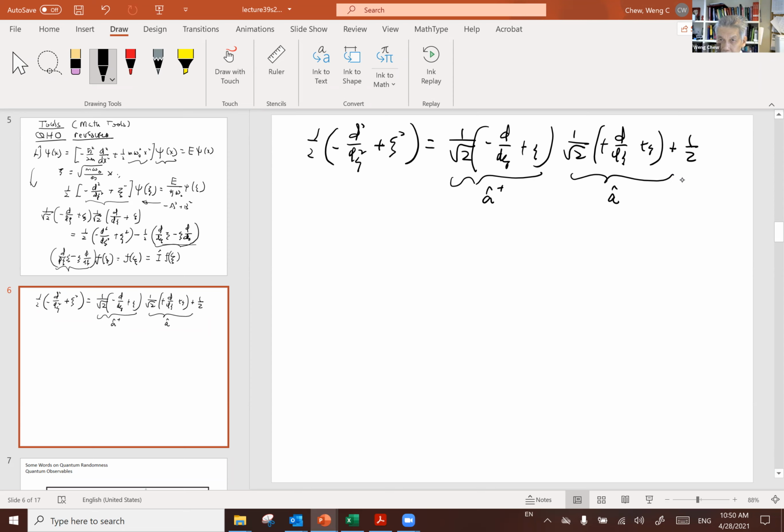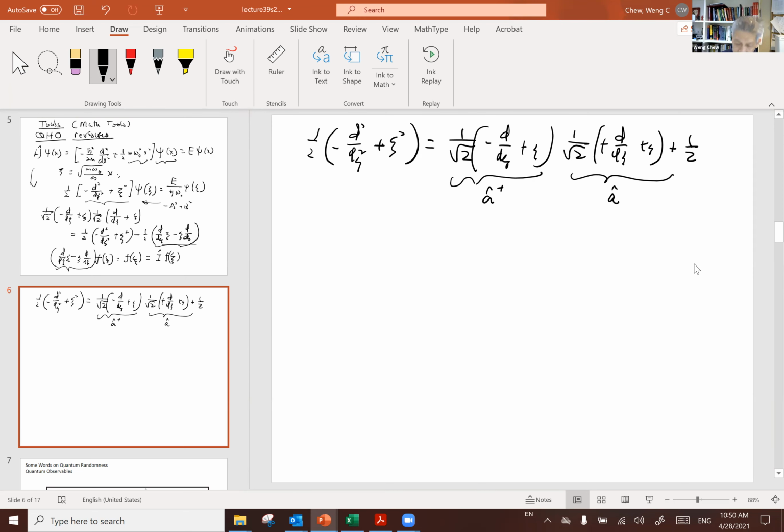I don't have time to prove that, but you can prove quite easily that these two operators are the Hermitian conjugate of each other. And if you do that, then you can write the Schrodinger equation more compactly using this identity.